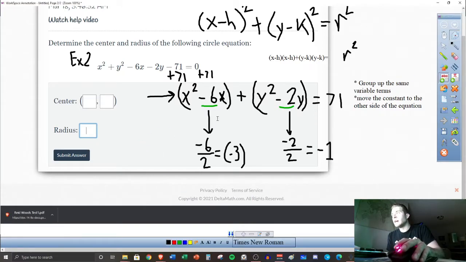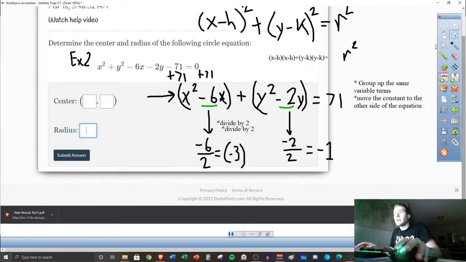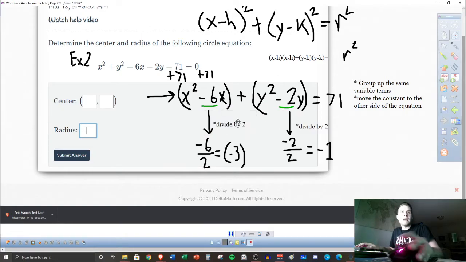So I'm gonna start by dividing by 2. Okay. We're doing it by that sort of coefficient of the variable has the power of 1, right? Always taking that value. So we get -1. Okay. Moving on.